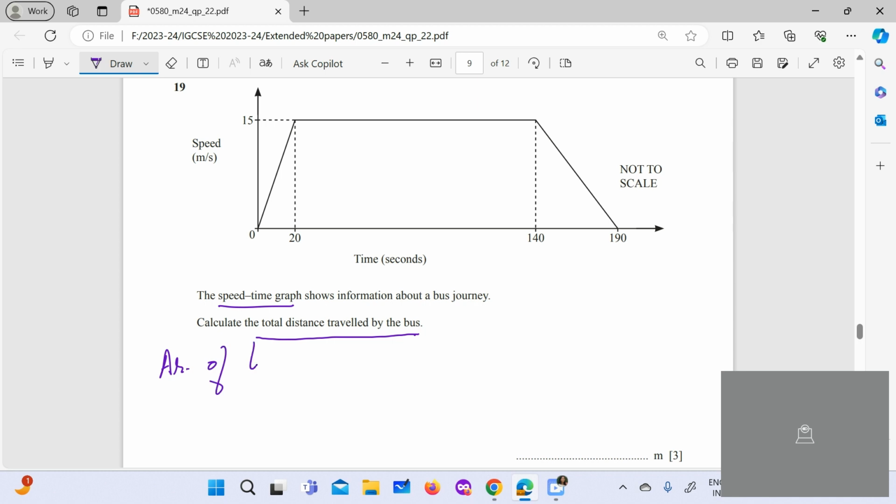So area of trapezium is 1 over 2 sum of the bases times height. Let's see what the bases are here. So this is one base and this is another. One base is from here to here, that whole length will be 190. So I will write here 190.